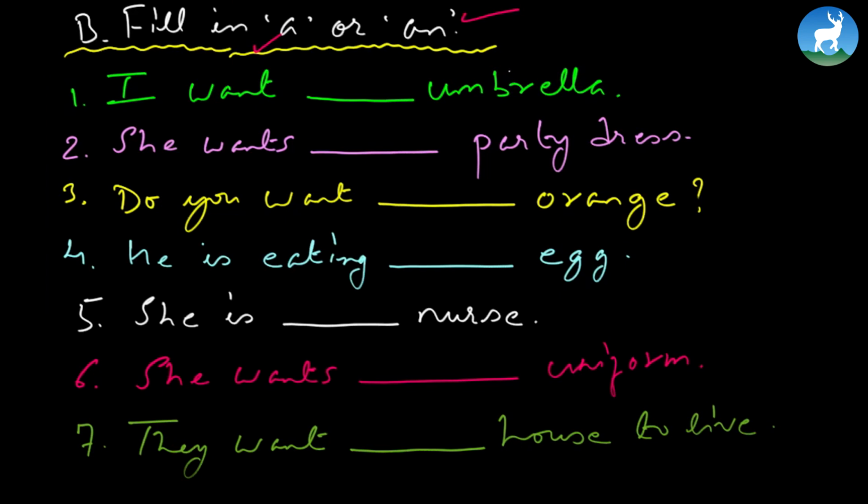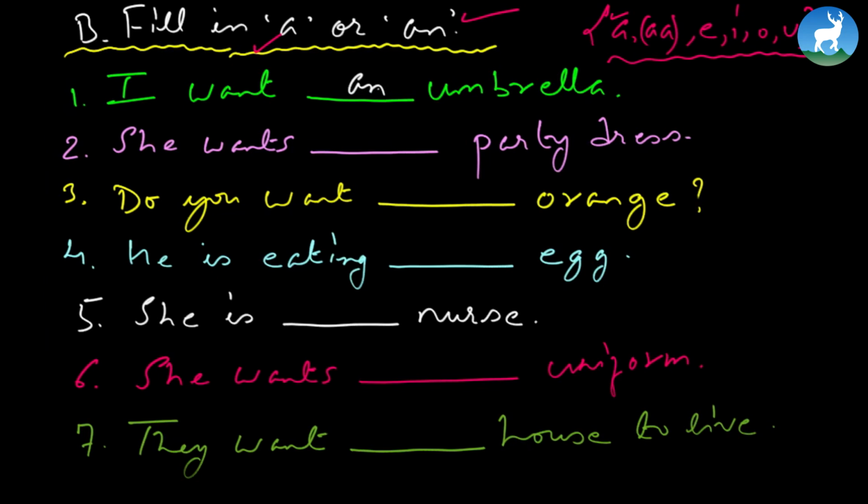I want an umbrella. Remember, the vowel sounds include A, E, I, O, U. I want an umbrella. See? The very initial sound is a vowel, that's why we go for an here.